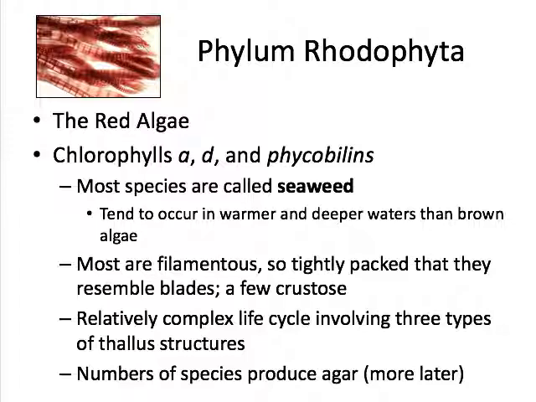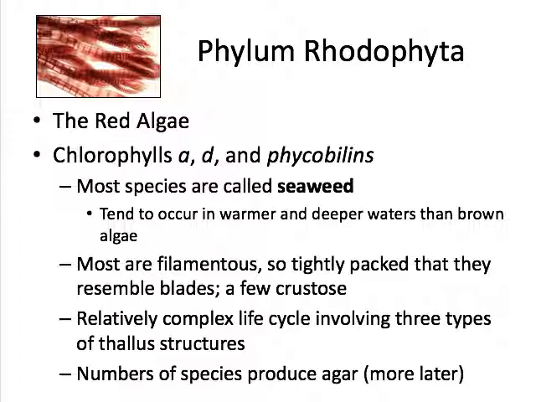Our final phylum is the Rhodophyta, and this is the so-called red algae. What distinguishes this phylum is chlorophyll A and chlorophyll D, as well as the pigment group called the phycobilins. Most of the species of the phylum Rhodophyta are referred to as seaweed, and they tend to occur in warmer and deeper waters than the brown algae.